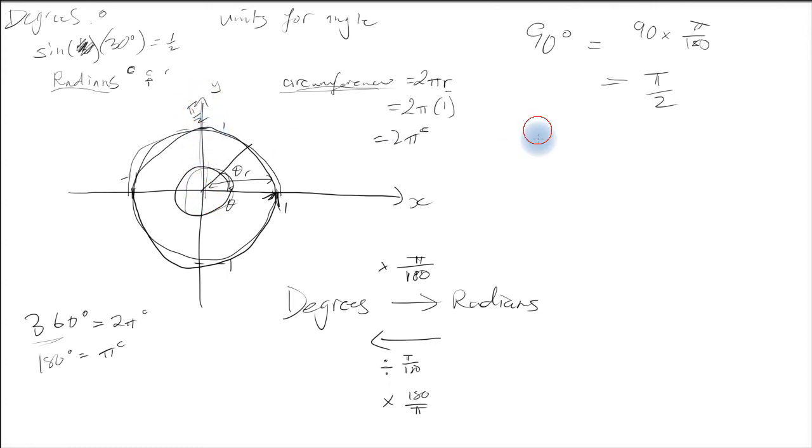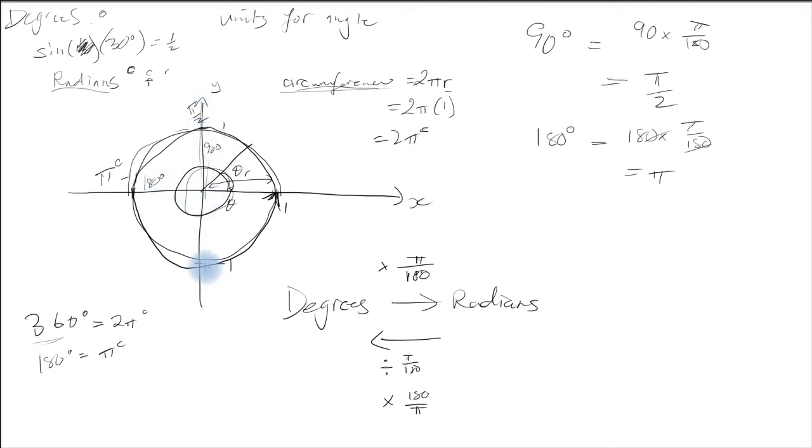Now 180 degrees is 180 times pi on 180. These will cancel out, so that equals pi. So here we've got pi radians instead of 180 degrees, and pi on 2 is 90 degrees here.